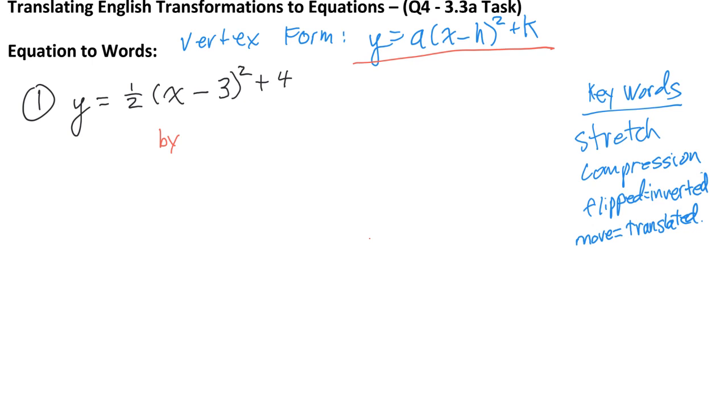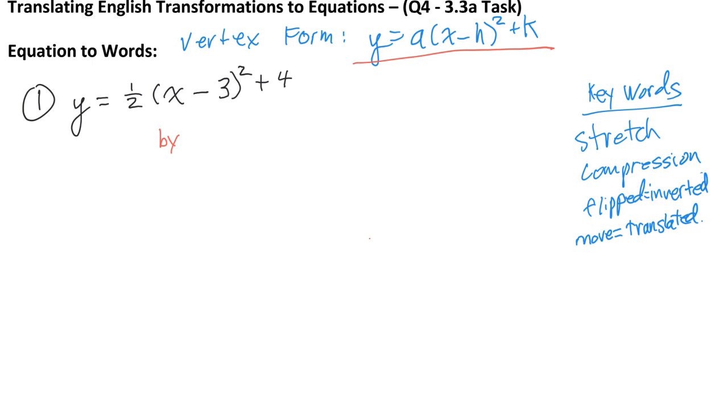The next thing I have to do is look at what's going on inside the bracket here. And remember, whatever's going on inside the bracket is opposite to what we expect. So because this says -3, that means instead of moving left 3, we really are moving right 3.